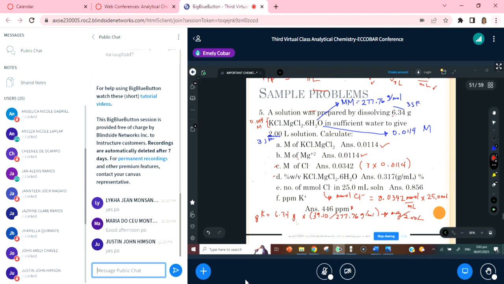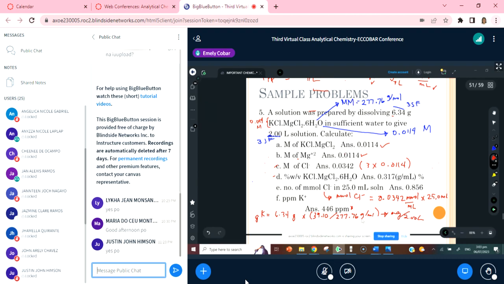Ano yung pinapahanap sa atin? Grams ng potassium. Gaano kadami ang potassium dito sa 6.34 grams of potassium chloride, magnesium chloride, hexahydrate. So we use this, 6.34 grams times the chemical factor between potassium and potassium chloride, magnesium chloride, hexahydrate.